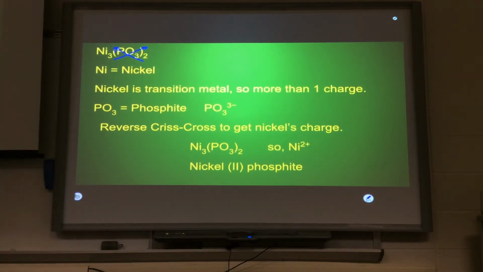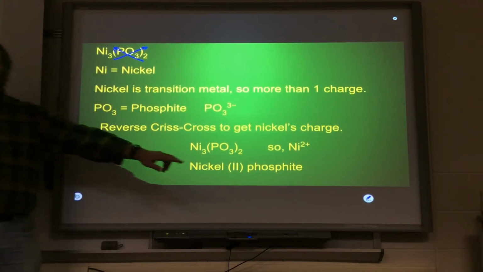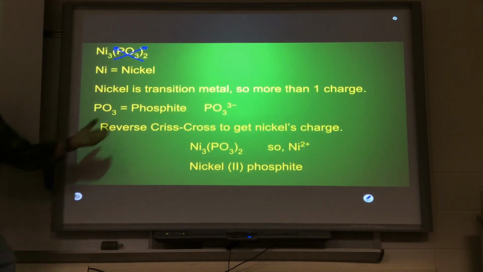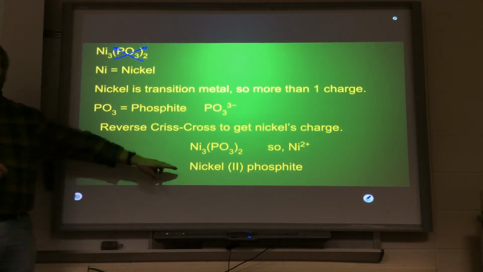I have to tell what ion is making it because nickel could have more than one charge when it makes a compound. This would be very different if it was nickel(III) phosphite. So it's still the same rules with those parentheses when you have a transition metal. Exact same rules when they're writing out their name.